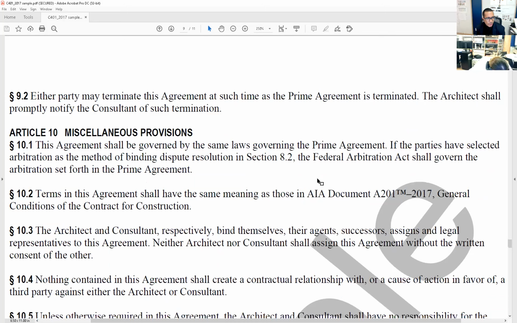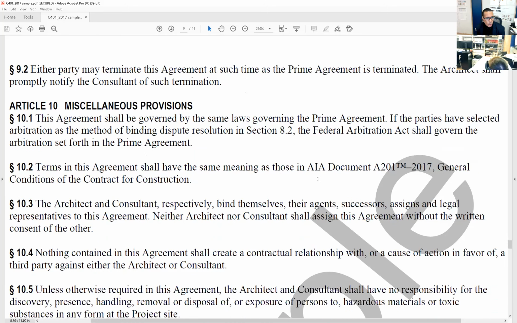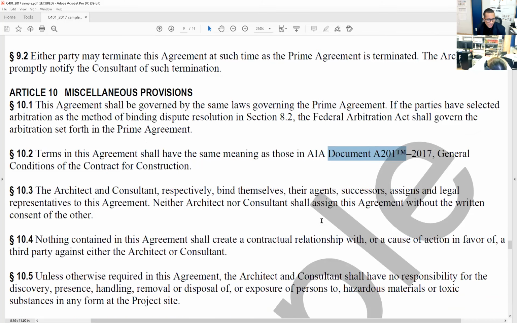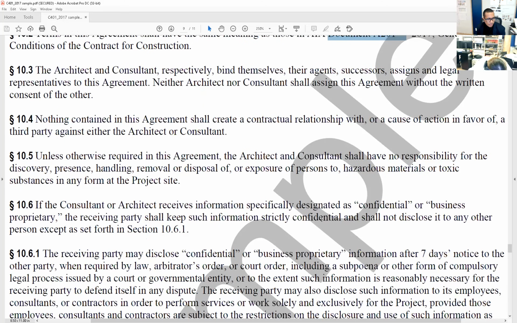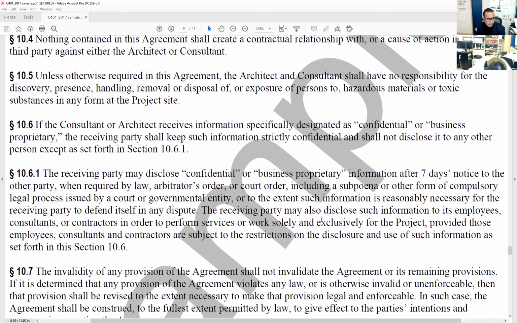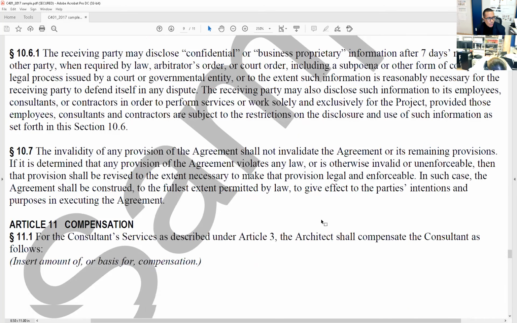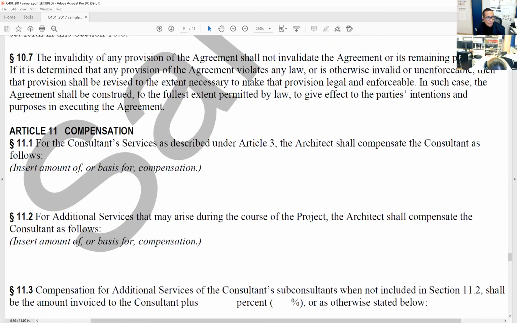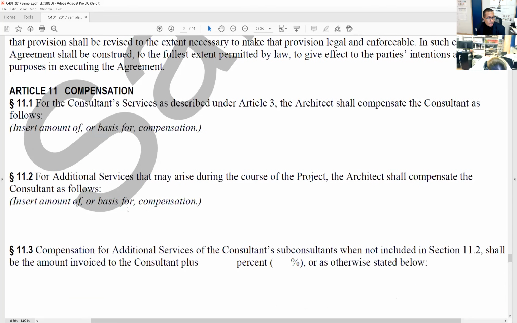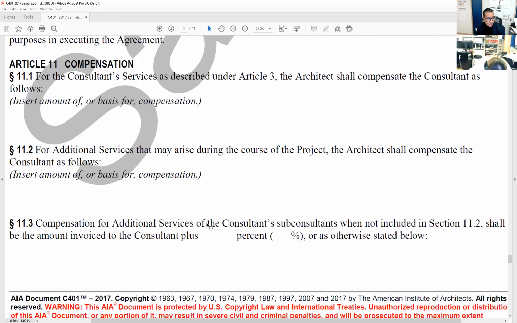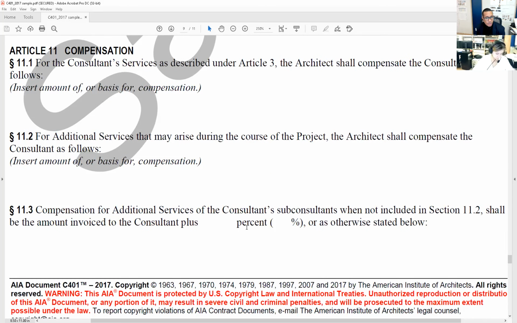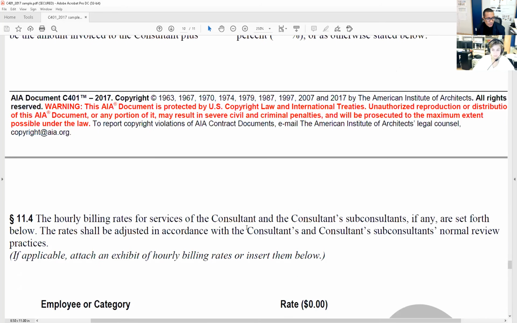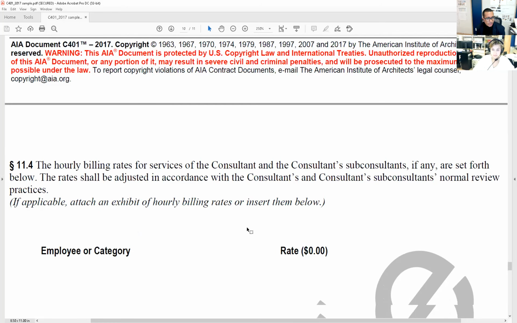The miscellaneous provisions are pretty much also the same. It's talking about the reference of the A201. I don't see anything in here that differs, same thing with the confidentiality. Compensation. Now, the amounts will be different, but it's the same idea. Additional services, same idea. Compensation when it's a percentage of the cost, same idea. The hourly billing rates, here it is.